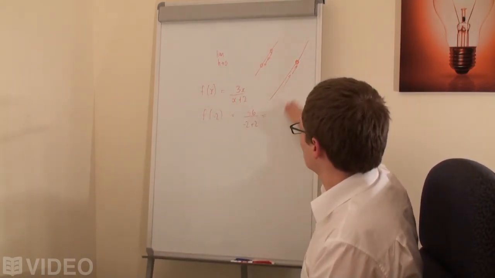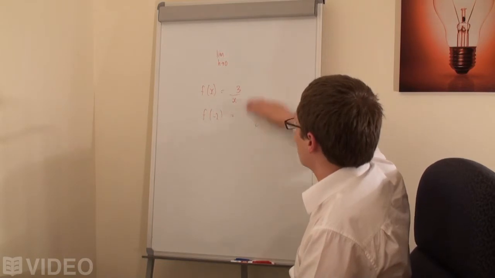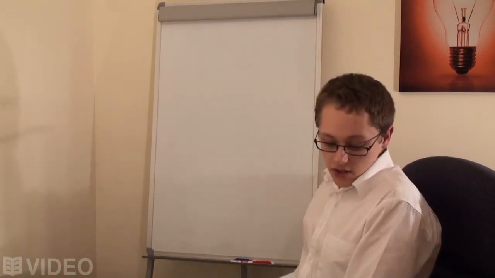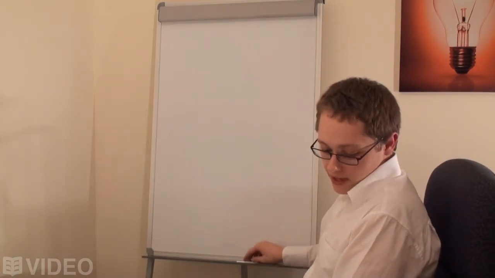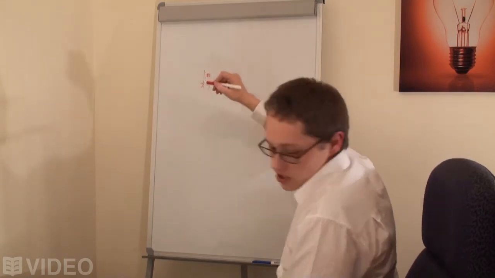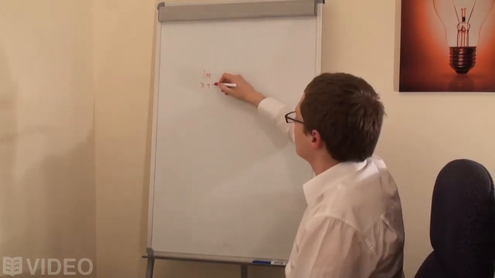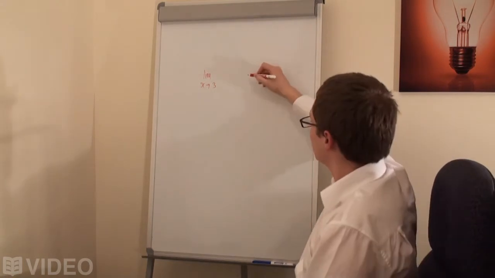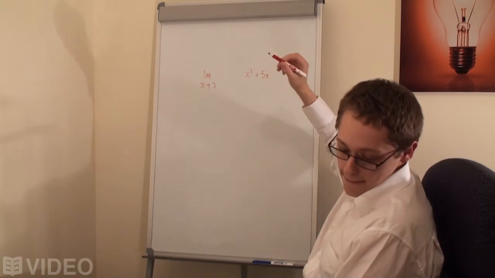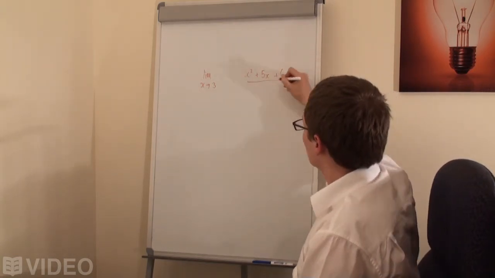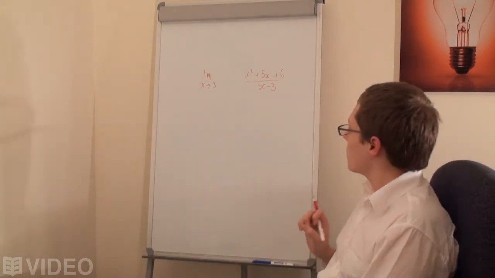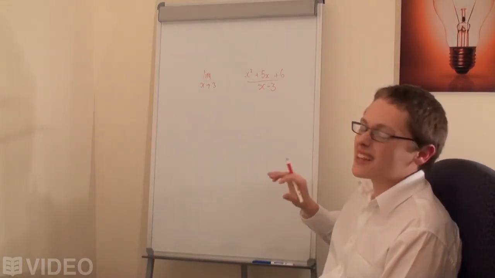Okay. So I'm going to show you an example of solving a limit. An example I have here is that we want to find the limit as x approaches 3 for the function x squared plus 5x plus 6 on x take 3.